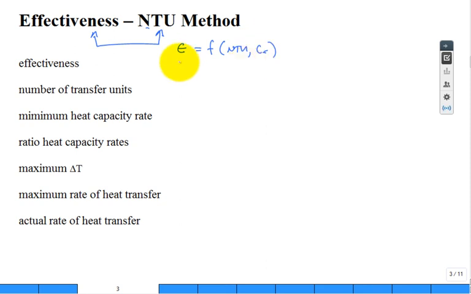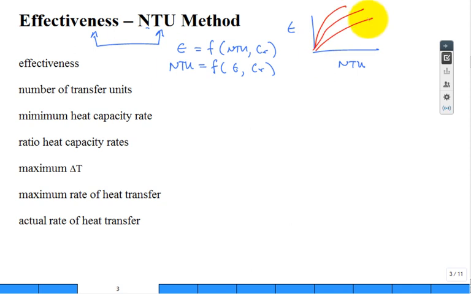Or they'll turn the equation around, and if you want the number of transfer units, it's some function of the effectiveness and ratio of heat capacity rates. That seems a little abstract. You mean that's the method? Yeah, these correlations. Sometimes they'll put them in a plot. They'll put the NTU as a function of effectiveness for different heat capacity rate ratios, CR.